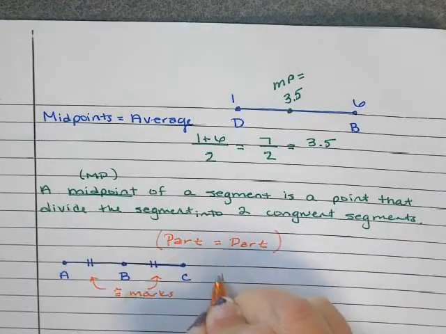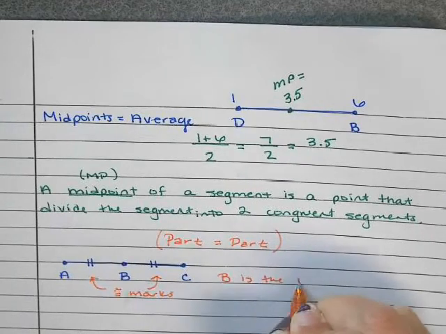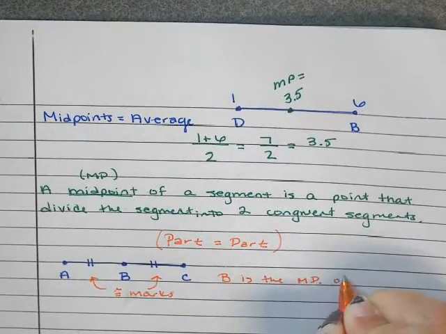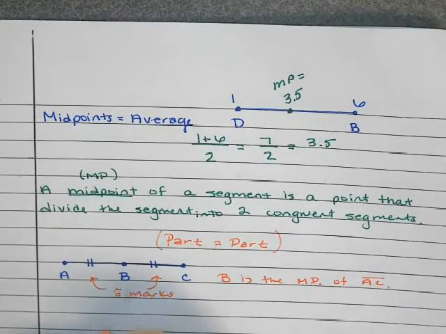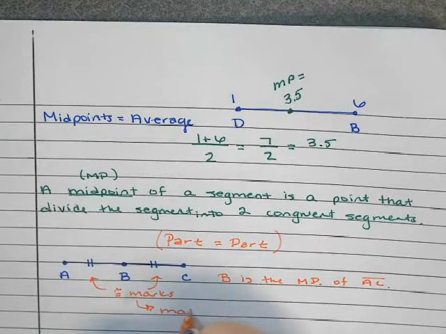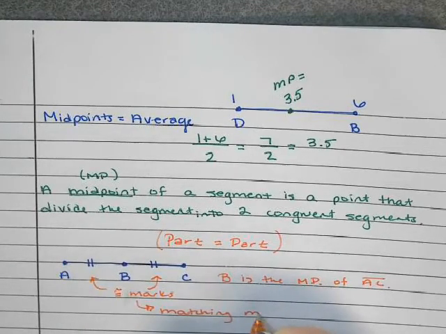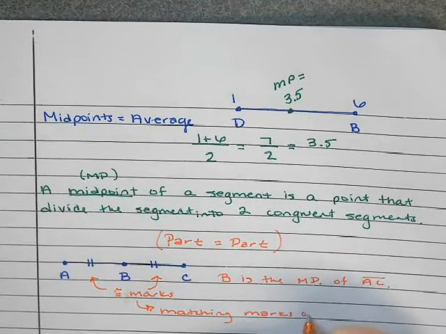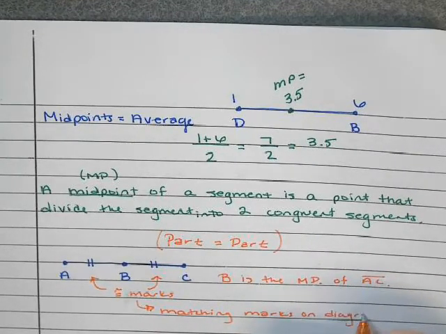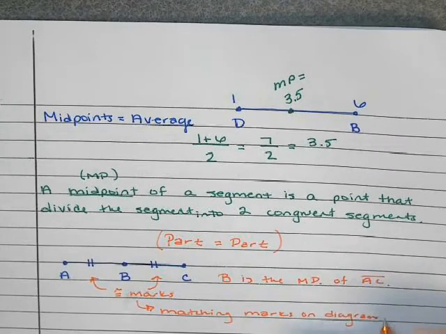And we would say that B is the midpoint of AC, segment AC. Matching marks on a diagram means congruent segments.